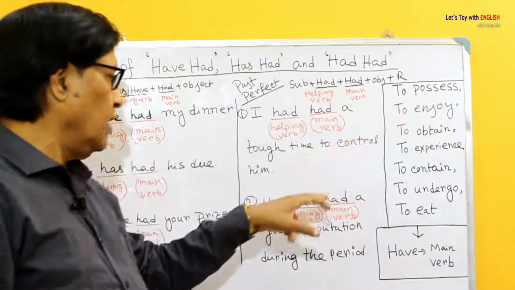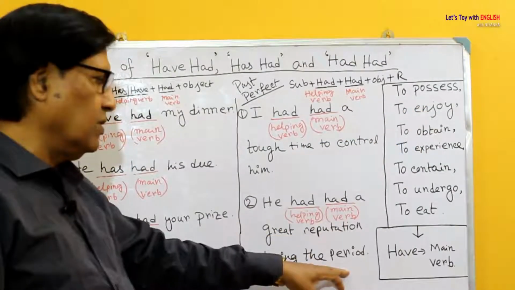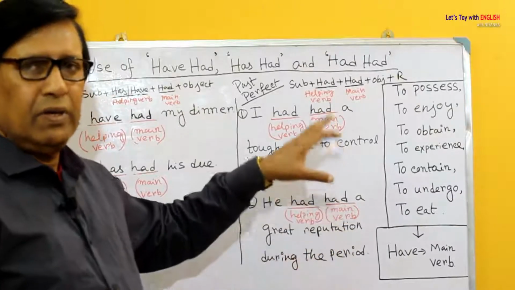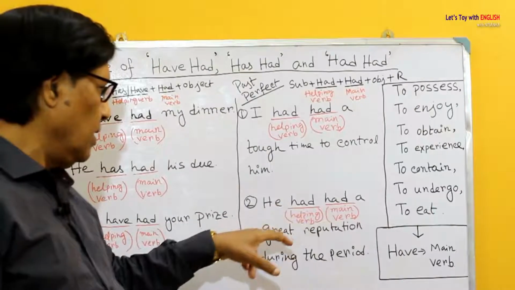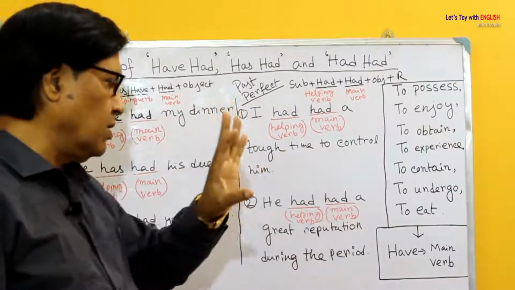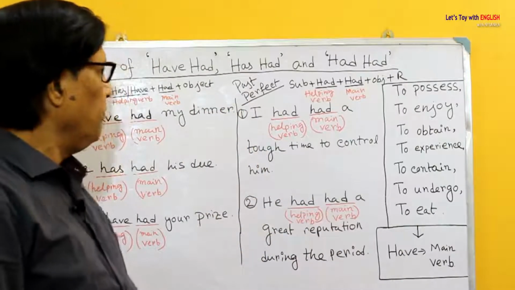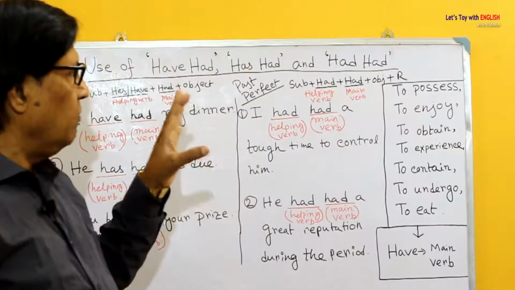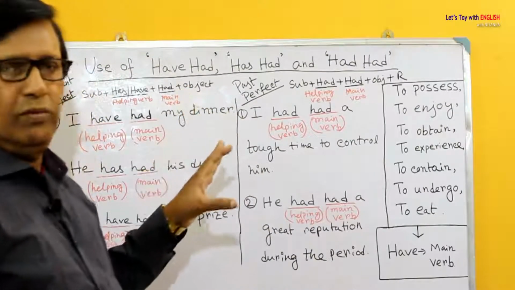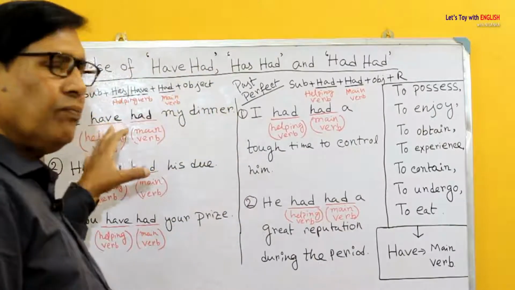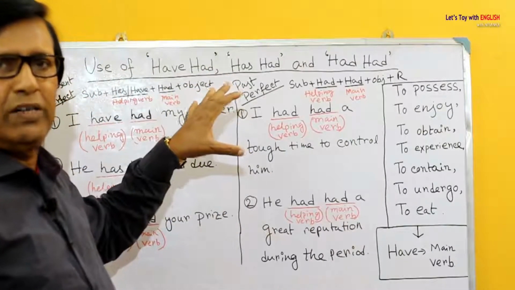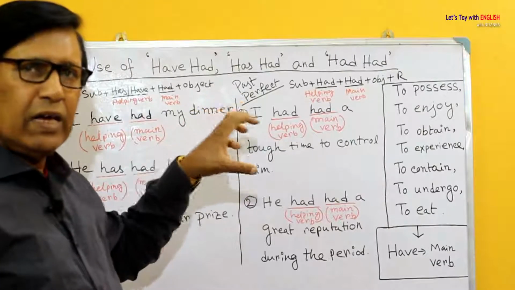He had enjoyed a great reputation during the period. Might be he had done some good thing, and for that period he had enjoyed a great reputation. So I think I have been able to make clear the whole mess, if you call it a mess, before you.